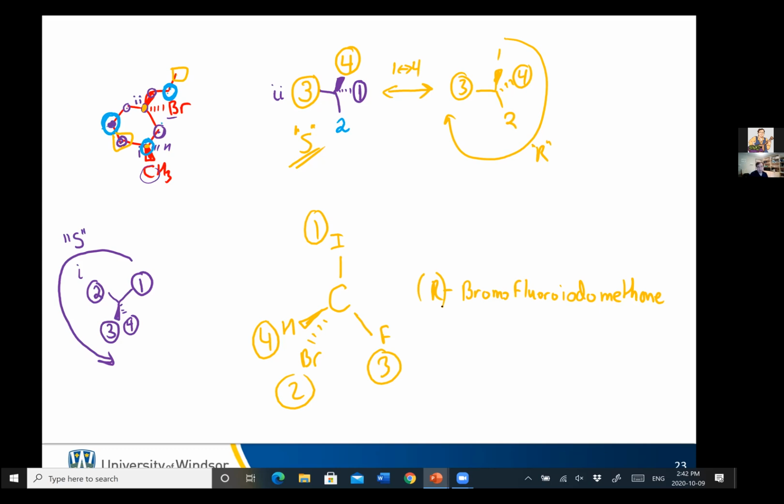It's probably like, this would be a horrible greenhouse gas. But I wouldn't say it's an R molecule. I would measure whether it's dextrorotatory or levorotatory. I probably actually would say it's plus or minus for the molecule as a whole. But if I'm naming the molecule, I would call it R-bromofluoroiodomethane. But it's not like an R molecule.